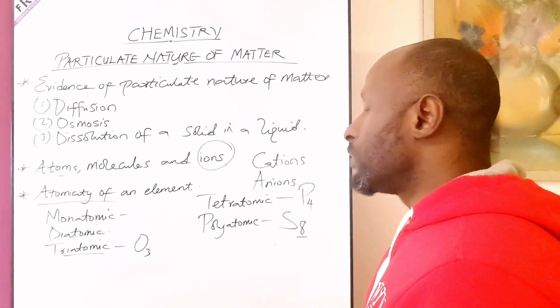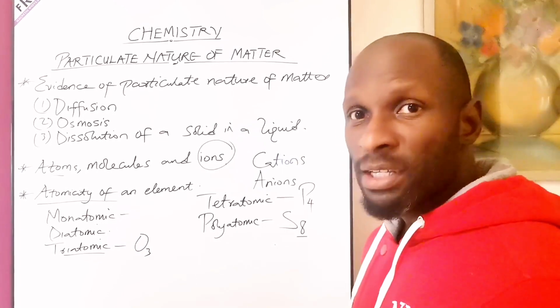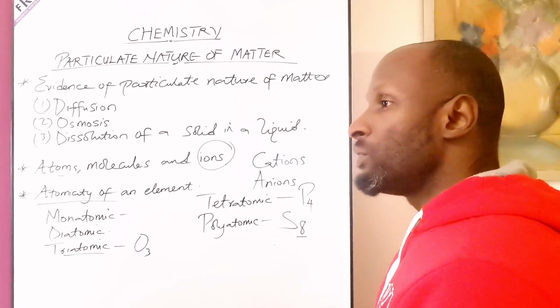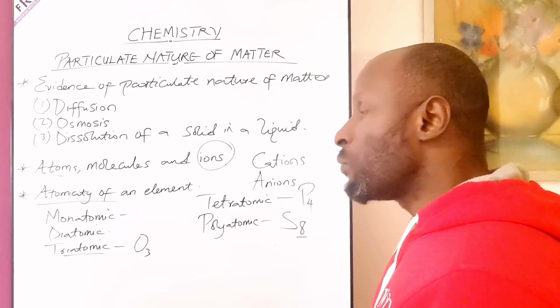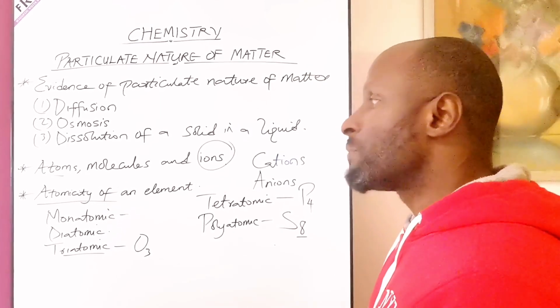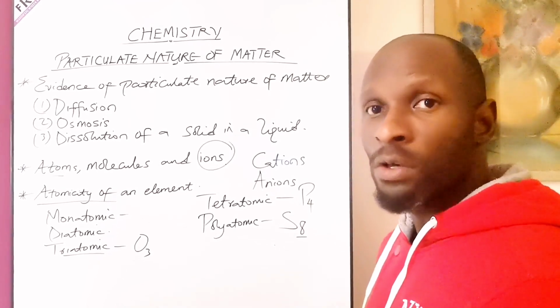And we said a molecule refers to two or more atoms that are chemically combined together and that possess the same composition and properties of the element or the compound.